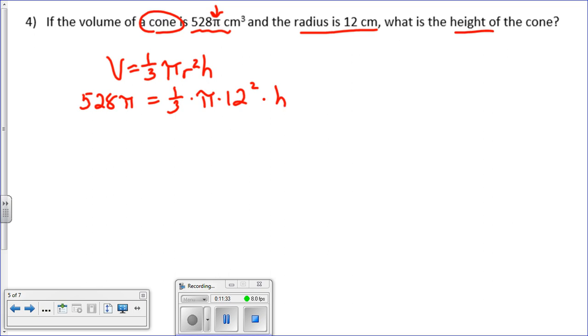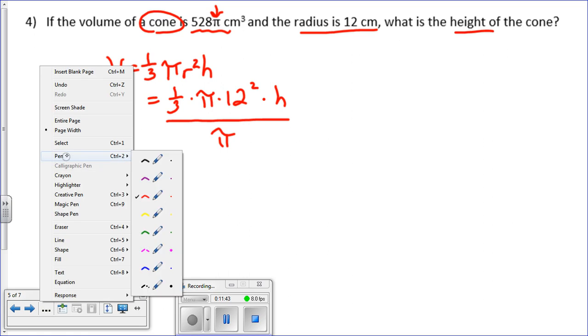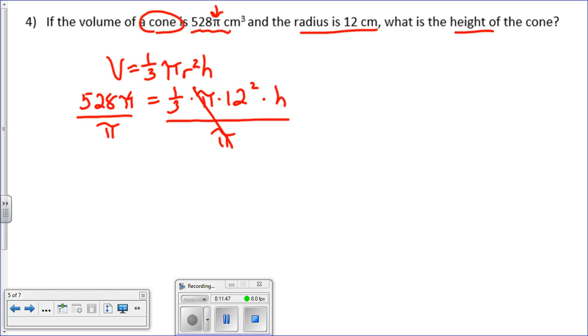Now I'm going to do something that maybe you hadn't thought about doing before, but if I've got pi on both sides, I'm going to do this. So I can cancel those pi's. So I have 528 is equal to 1/3 times 12 squared, which is 144, times h.